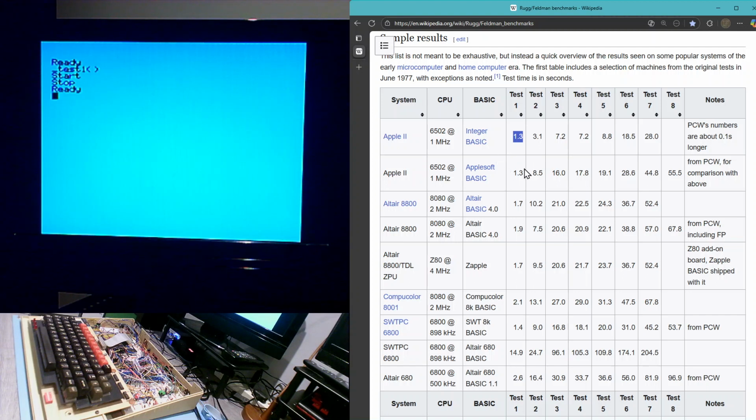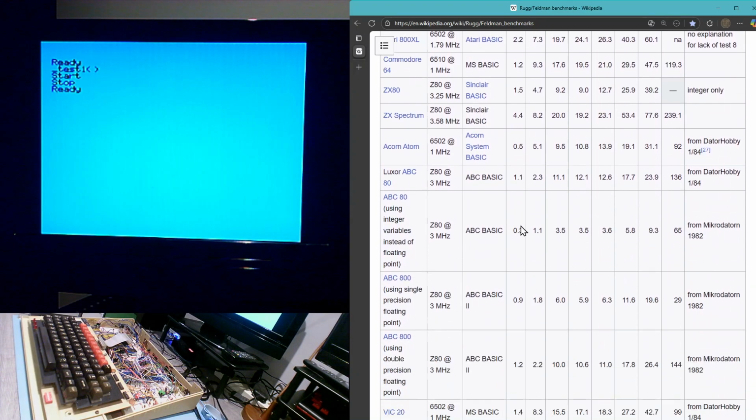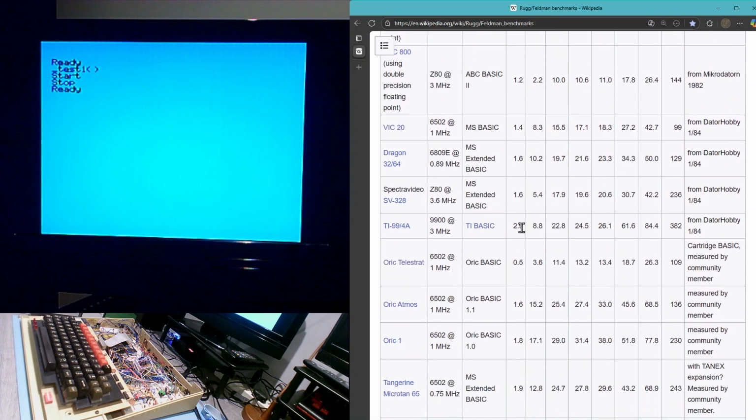There was his original basic. My first computer, the Oric 1, see what that is because it's here somewhere. Here it is, 1.8. So way more than 10 times faster than my Oric 1.